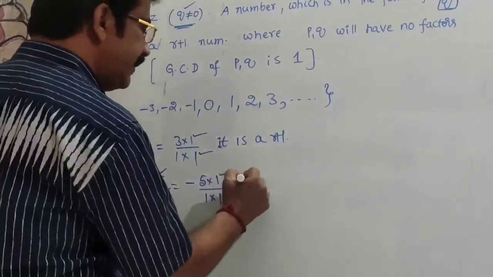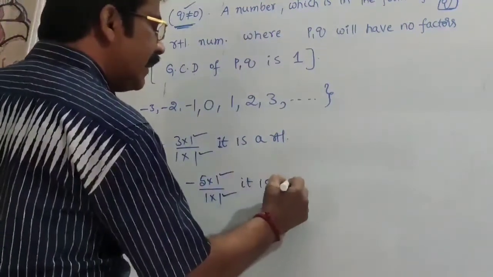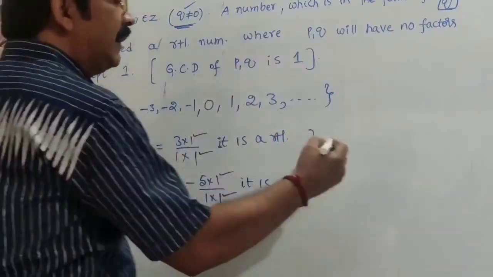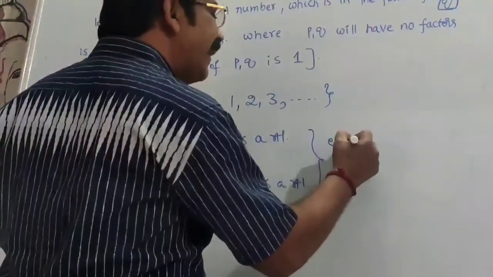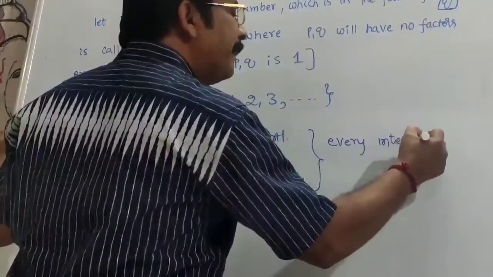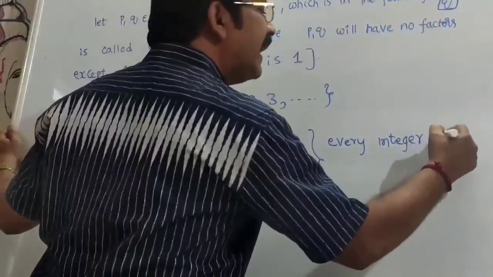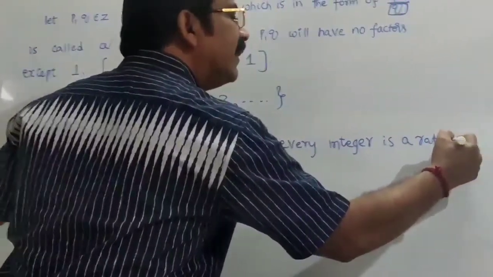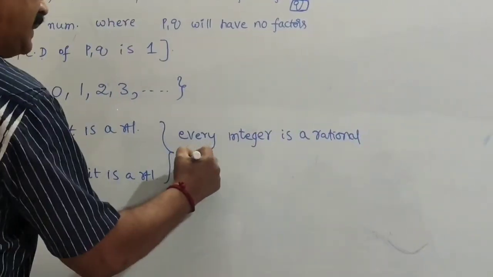So therefore, it is also a rational number. Thus, every integer is a rational number.